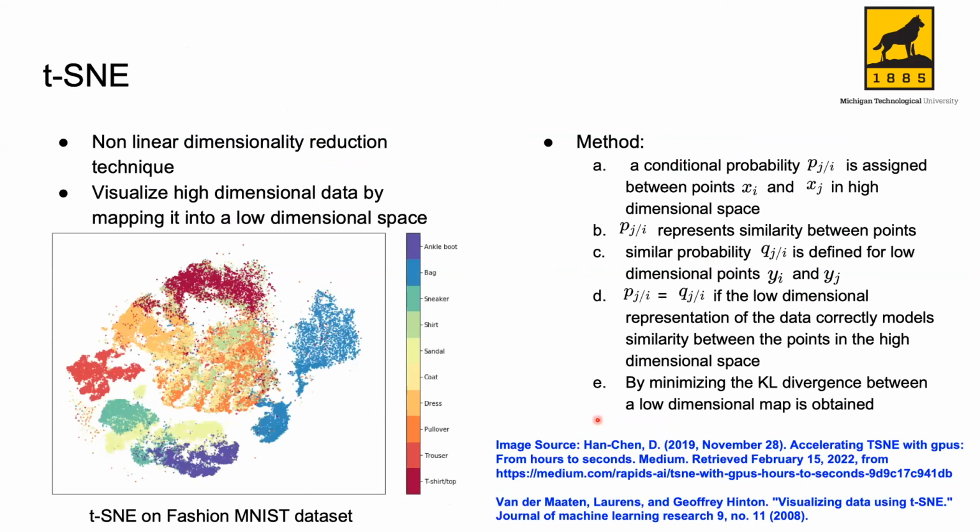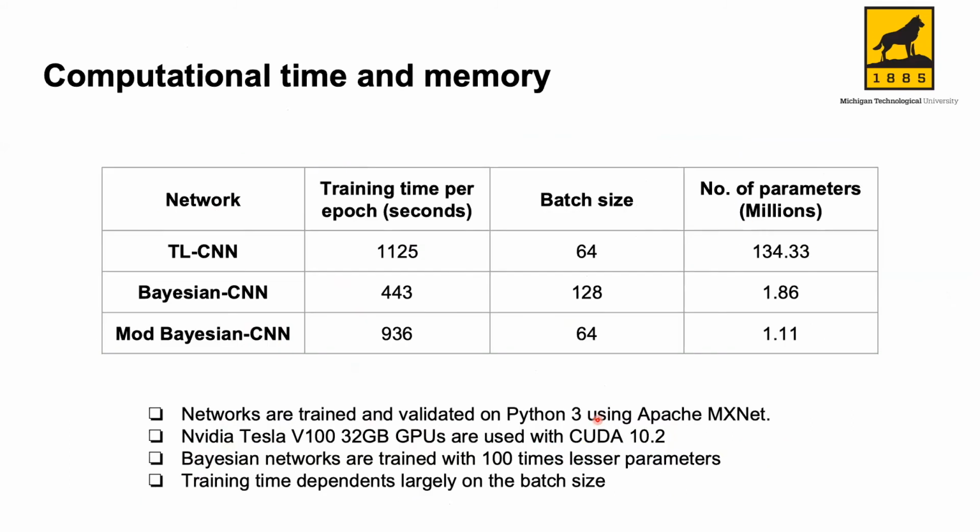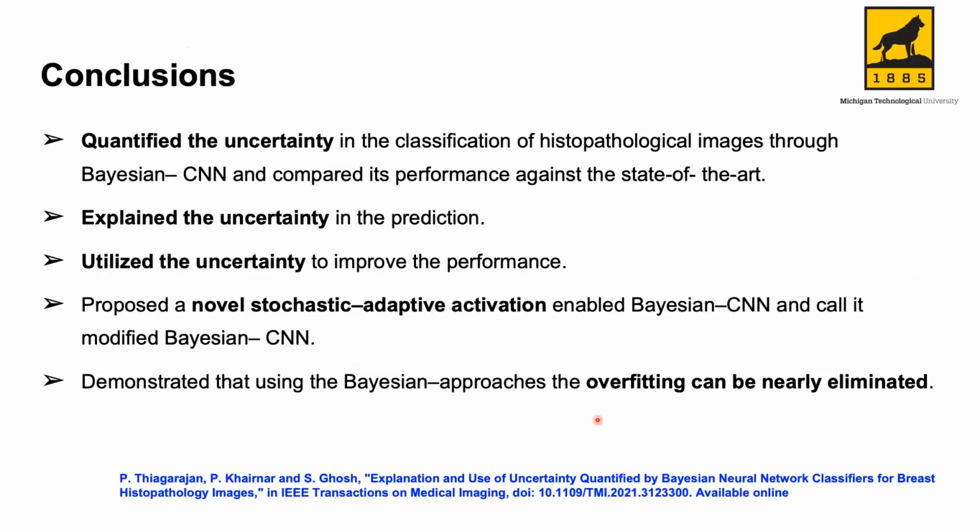Okay, so this is t-SNE detail. I'll skip. These are the details of computational time and memory. And I'll come to the conclusion that we show that quantifying uncertainty is possible using Bayesian CNN. And we explain the uncertainty in the prediction. That means a strong correlation between accuracy and confidence, which we try to show visually by projecting the data in low dimension through nonlinear dimensionality reduction.